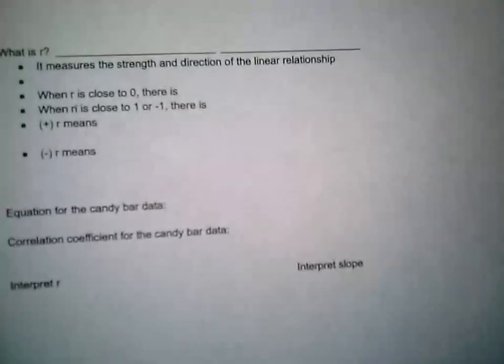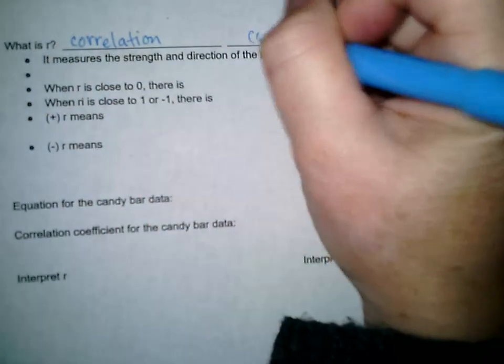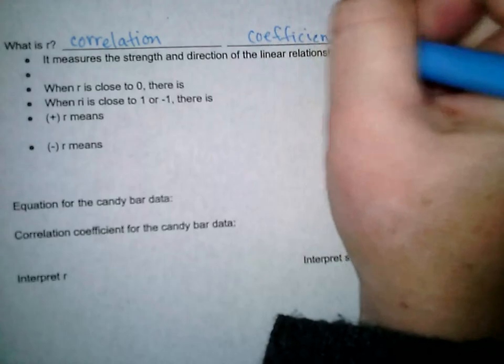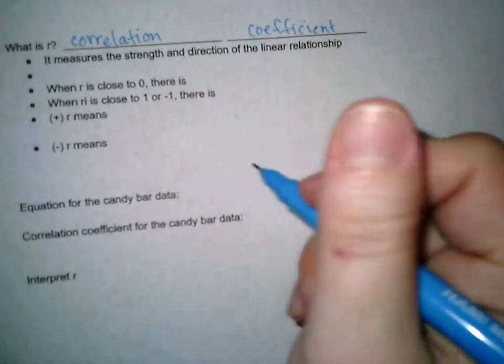Okay. So let's talk about what r is. And then we're going to use our equation to make some predictions. r is called the correlation coefficient. It measures two things. It measures the strength and the direction of the linear relationship. r can be anything between -1 and +1.